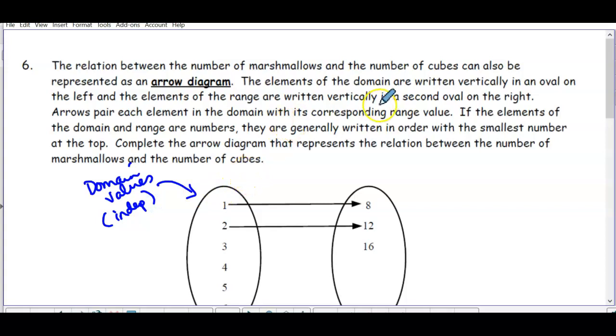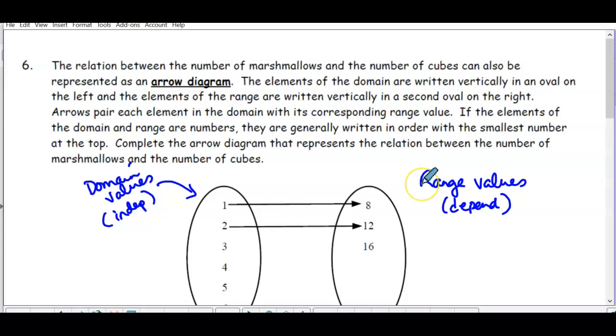And the range are written vertically in a second oval on the right. So domain, and the other word we use is range values, okay? And those are for, so range values, which are for dependent values, and they're on the right. Arrows pair each element in the domain with its corresponding range value.